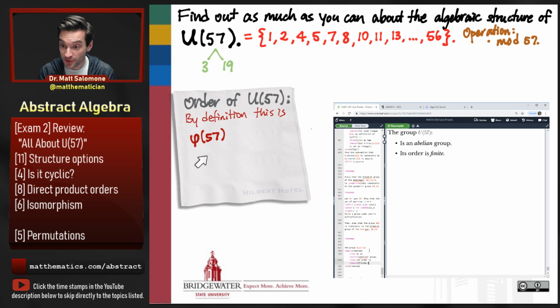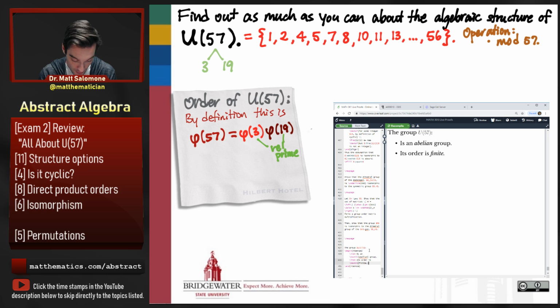Now, how do I compute phi of 57? This is where our prime factorization comes in handy. 57 is 3 times 19. And because 3 and 19 are relatively prime to one another, the Euler phi function breaks apart across that multiplication. Right? Because 3 and 19 are relatively prime, we can split apart the Euler phi function in this fashion. So 3 and 19 relatively prime, and that's why I can do this.